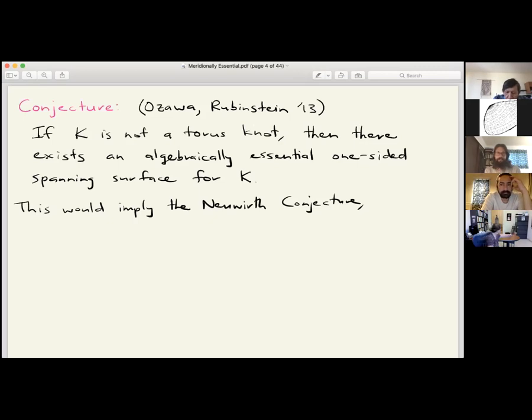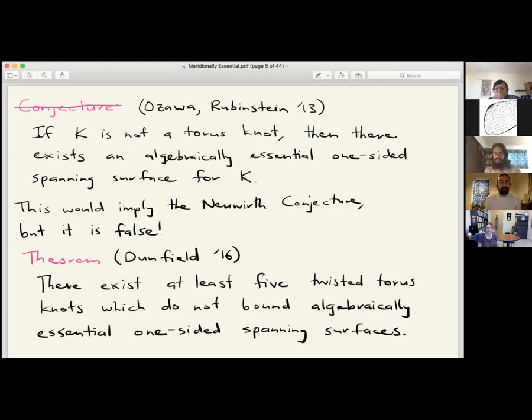Now, if this were true, it would imply the Neuwirth conjecture, because we can take our spanning surface in the knot exterior, thicken it up, and look at the boundary of that regular neighborhood. We connect the two boundary components by a small annulus, and the knot lives in that annulus.